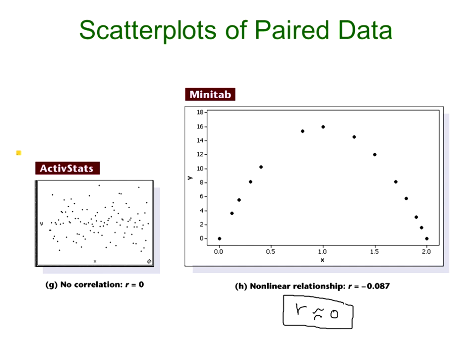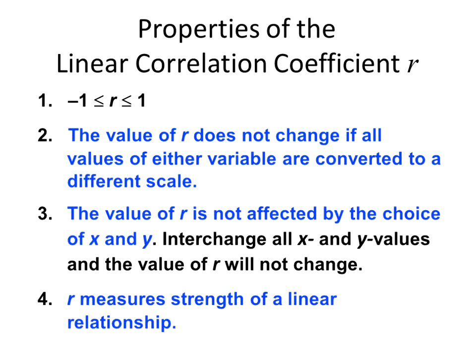When R is very close to 0, that means that you do not have a linear relationship between those two variables. And even though there might be some other relationship, as was the case here, it's not linear. So that's why R is close to 0, because R measures the strength of a linear relationship or linear correlation.